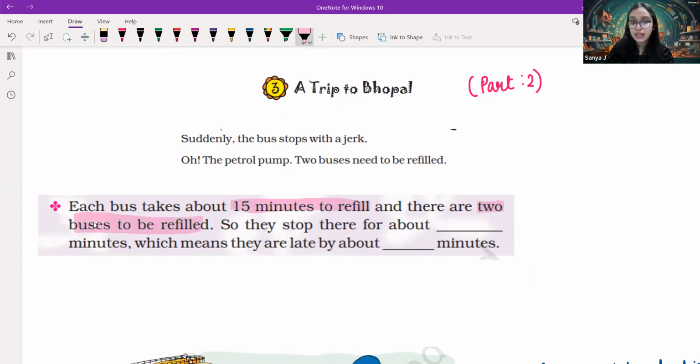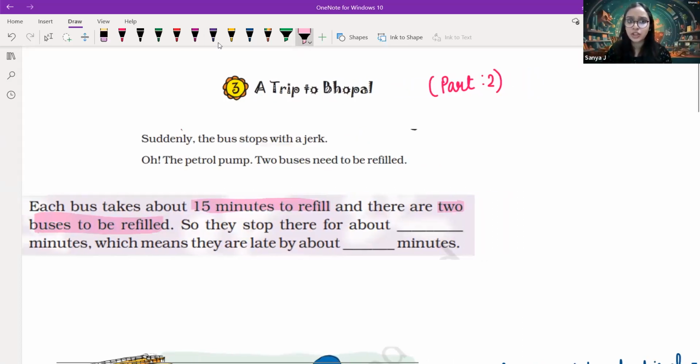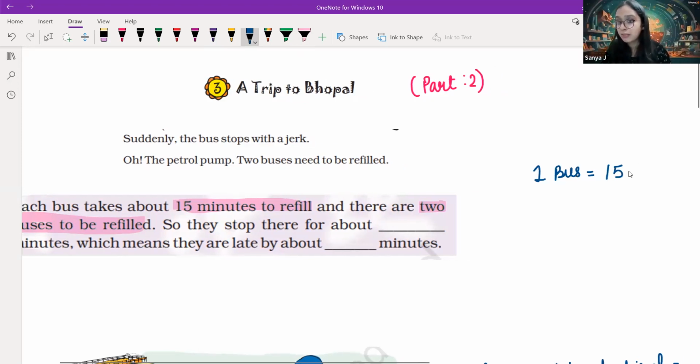So, let's count the total time that both the buses will be taking together. Let's write over here once again. One bus takes what time for refilling? That is 15 minutes. And what time will two buses take?